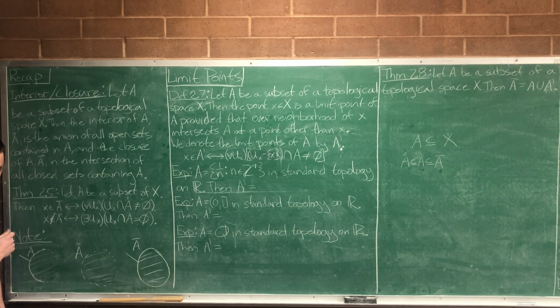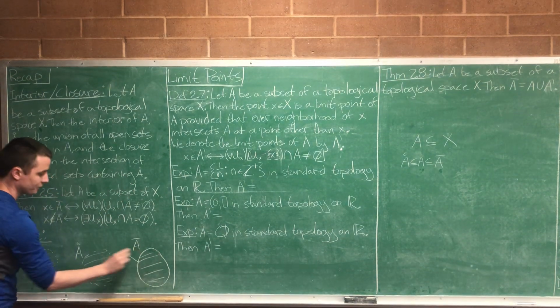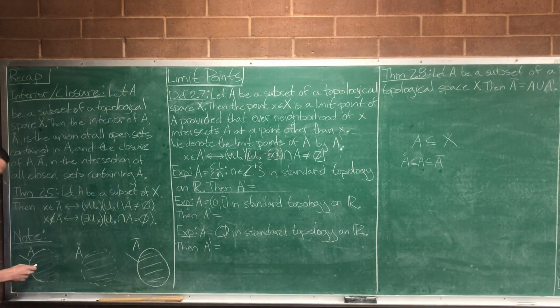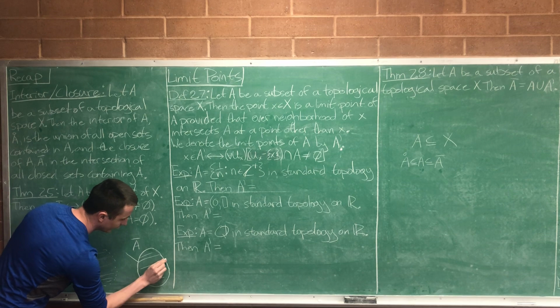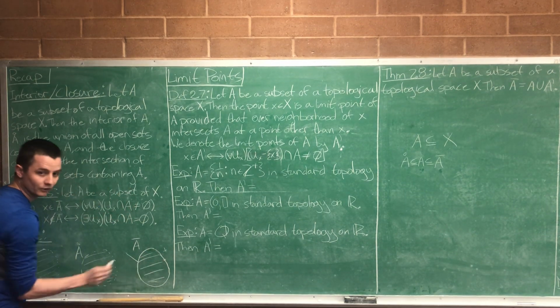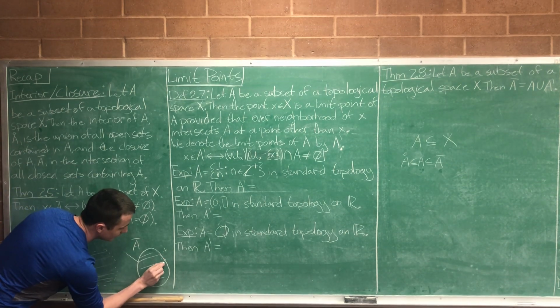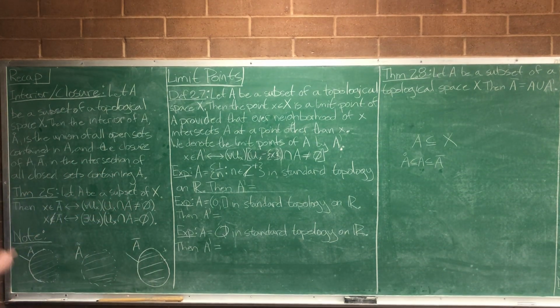Right? So here's what we're saying. We're saying a point is in the closure of A. So pick a point in the closure of A. And we're going to try and pick a tricky point, a point in the closure of A that's not inside of A. Try and pick the trickiest point we can, which would be a point over here. So here's our X. We're saying a point X is in the closure of A if and only if every possible open set you can make containing that point intersects A at some point.